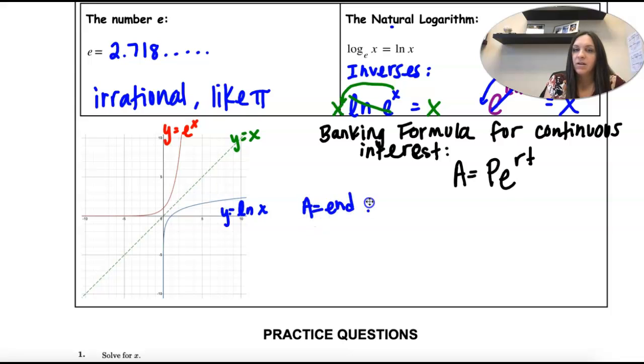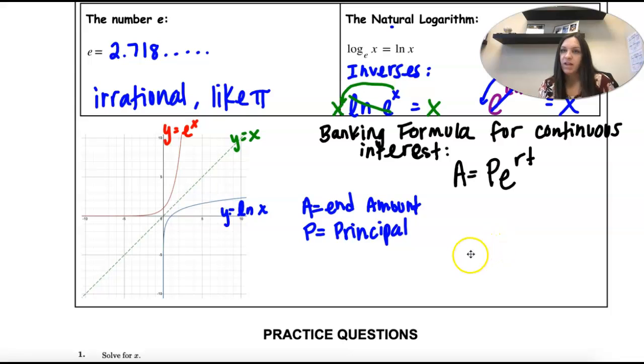is the end amount after our interest is earned. P is the principal. That's the amount that you invest in the beginning. E is just a number. It's this, 2.718. R is your interest rate.